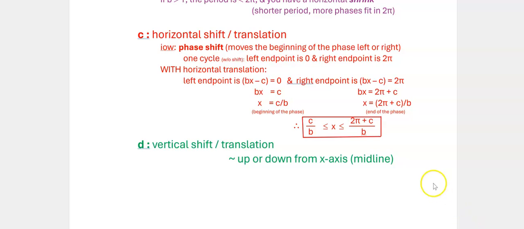This c over b is the left endpoint of my new phase, and 2 pi plus c over b is the right endpoint of my new phase. The period hasn't changed unless it's affected by b. That will change the period, but c affects where it starts and ends. And this will give you your 2 endpoints for the first one, and then you can continue going for the other one.